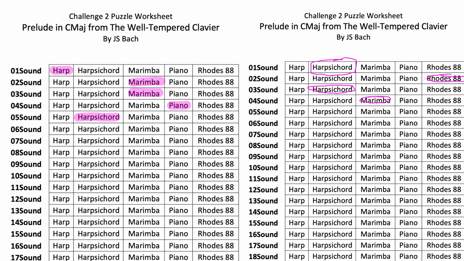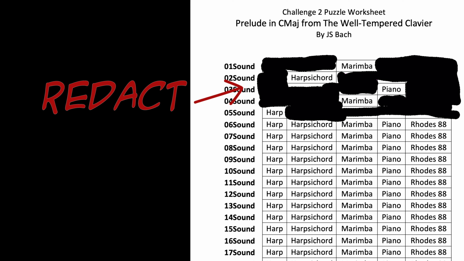So you can highlight, you can notate which instrument you want first, second, third, fourth, and so on, like this. Or you can do something we call redacting. When you redact something, you block out everything you don't want someone to see. Basically, you hide stuff from other people.